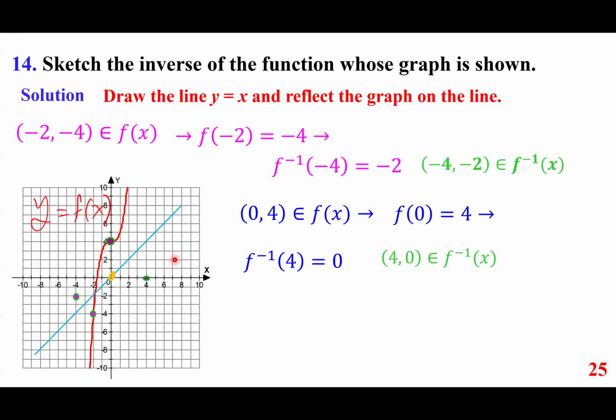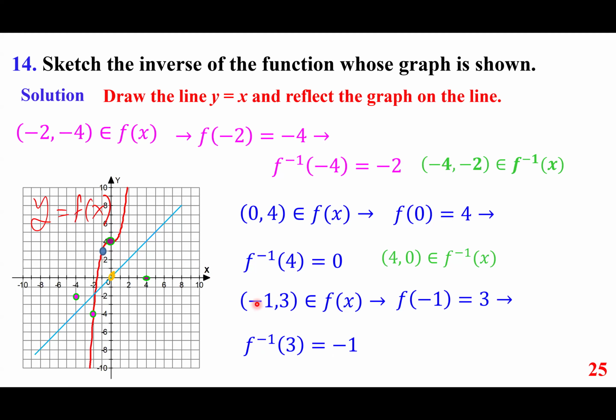Let's look at another easy point on the graph of f of x. This point, we go 1 to the left, negative 1, 3 up. So negative 1 comma 3. So we read this one as negative 1 comma 3. If this belongs to the function, that means f of minus 1 is 3. That means f inverse of 3 is negative 1. Or just, if you want to avoid them, that's fine.